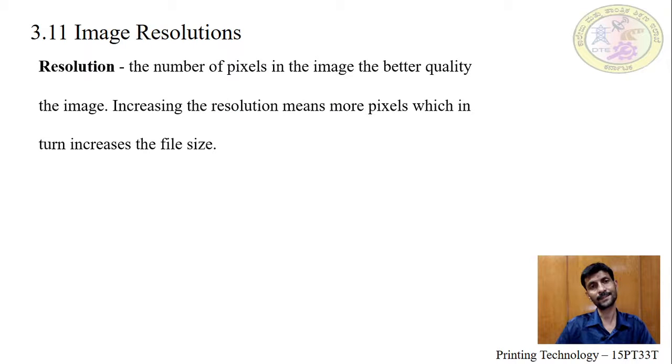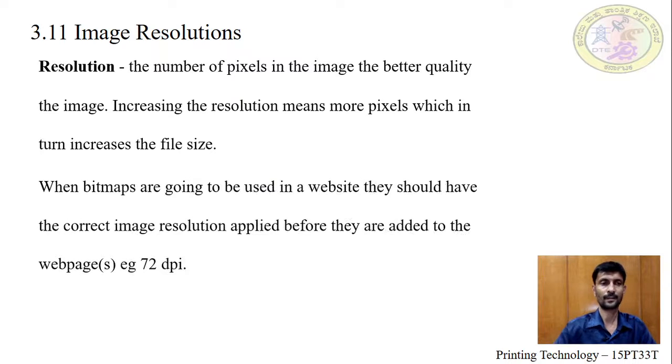Resolution: the more pixels in the image, the better the quality of the image. If there are fewer pixels, the resolution of the image decreases. When a bitmap is going to be used on a website, it should have the correct image resolution applied before it is added to the web pages.